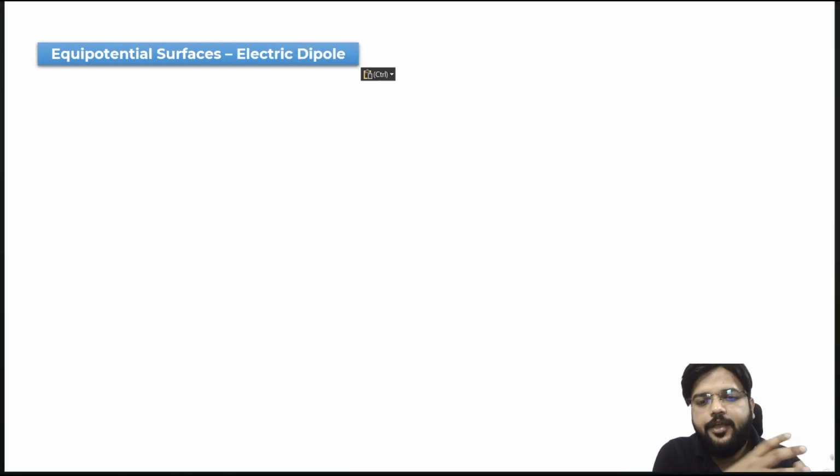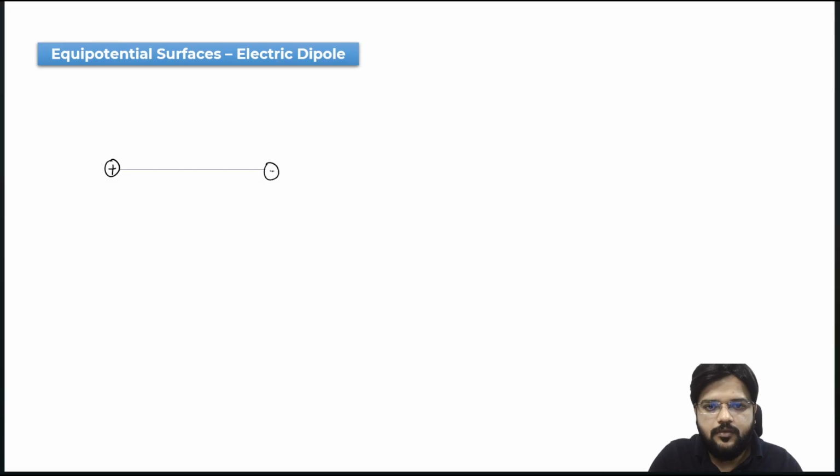Let's see next, everyone, equipotential surface for an electric dipole. So let's see what type of equipotential surface we will get for the electric dipole. So here we have a positive charge and here we have a negative charge. So this is the electric dipole, everyone. And now draw electric field lines.